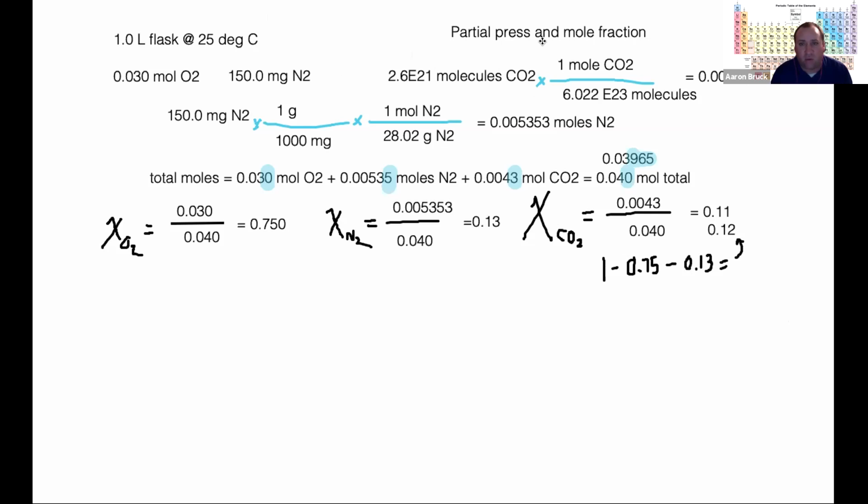So we've got the mole fractions. We've done that part. How do we deal with the partial pressures? Well, for the partial pressure, remember that the pressure of any component is equal to the mole fraction of that component multiplied by the total pressure.